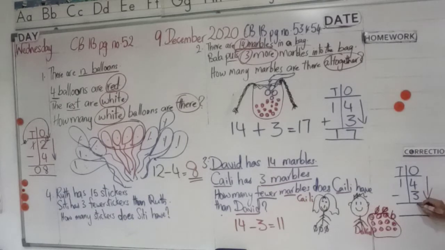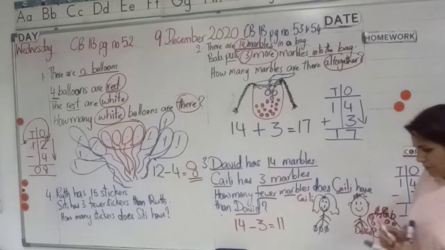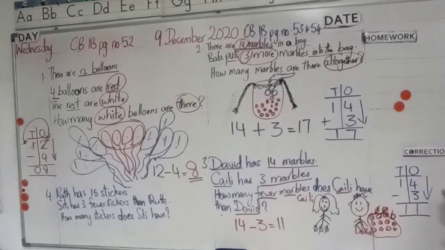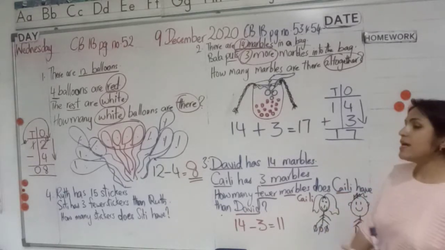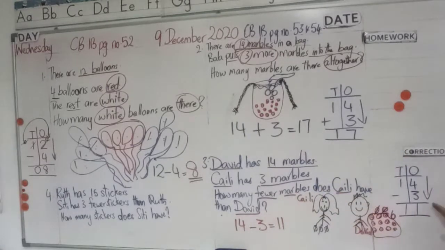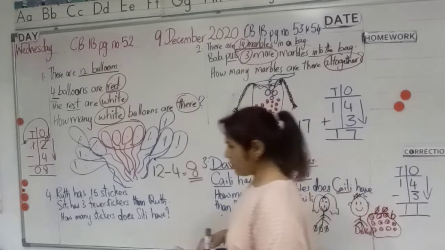So 4 minus 3 is 1. 1 minus 0 is 1. So 11 here and 11 here by doing mental math. And by the pictures, we got the right answer that Callie has 11 marbles, fewer marbles than David.